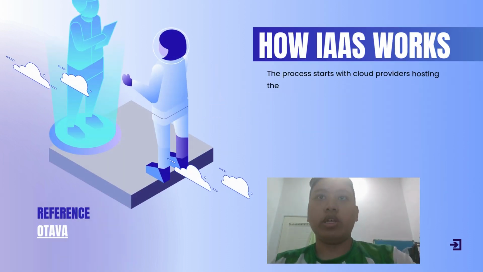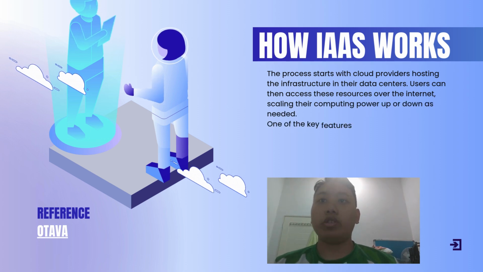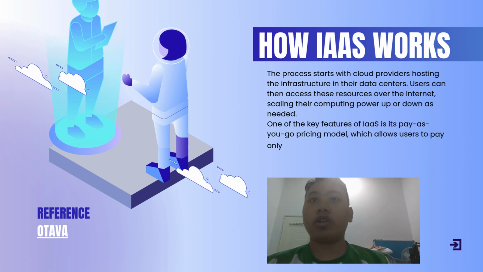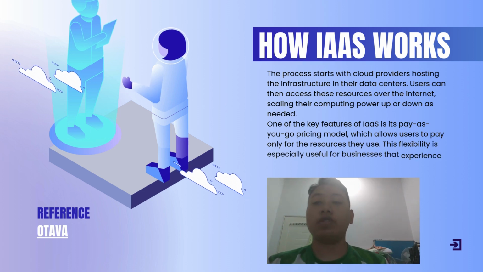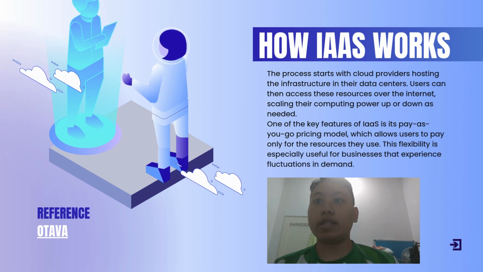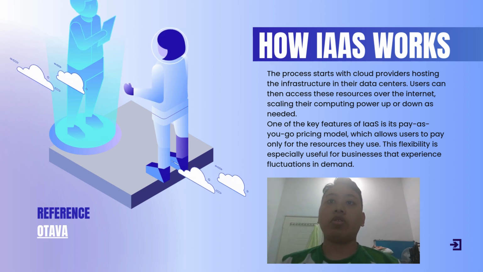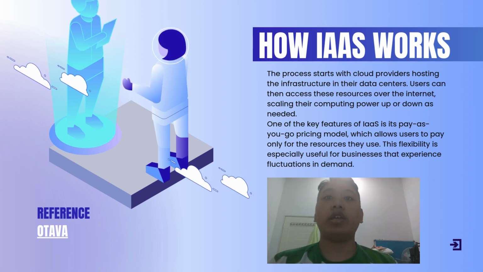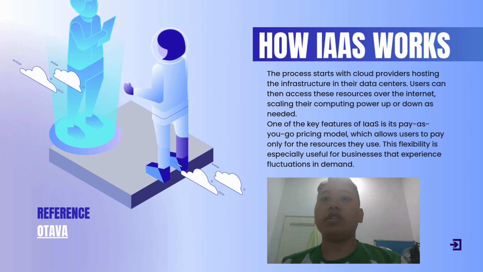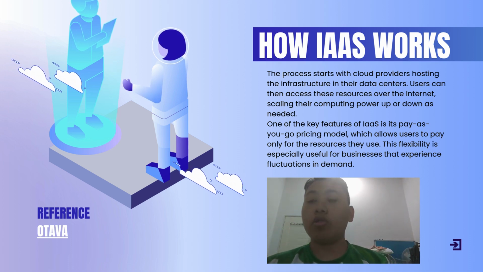Now that we know what IaaS is, let's talk about how it works. The process starts with the cloud provider hosting the infrastructure in their data center. Users can then access these resources over the internet, scaling their computing power up or down as needed. One of the key features of IaaS is its pay-as-you-go pricing model, which allows users to pay only for the resources they use.